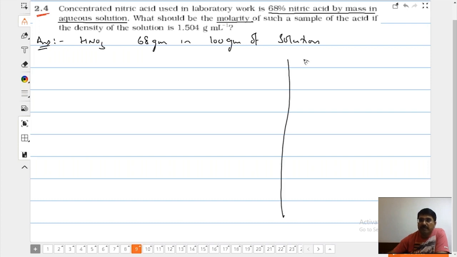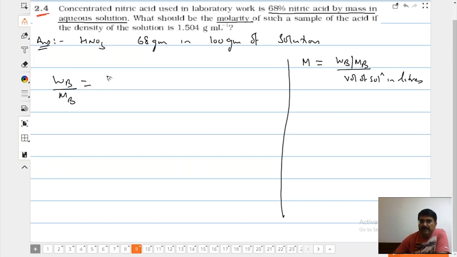Now he is asking what is the molarity of such a solution. For molarity, you need to know WB by MB, and here I need to take the volume of solution in liters. So let us calculate WB by MB.